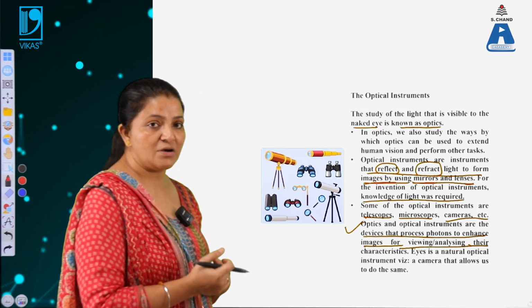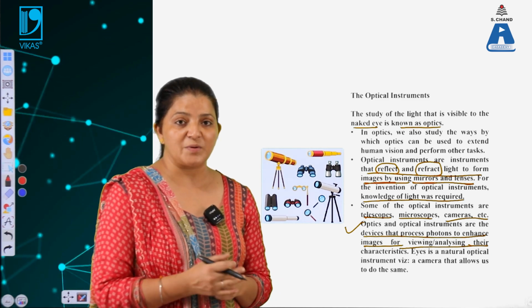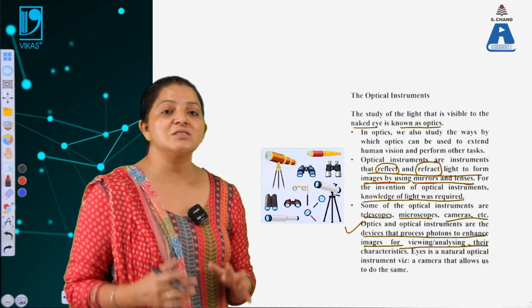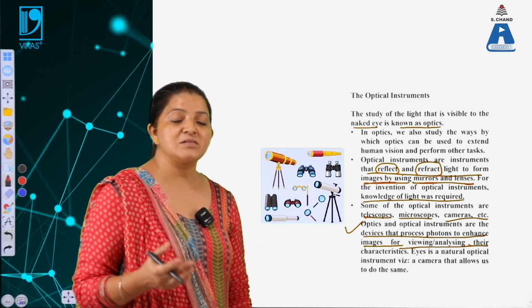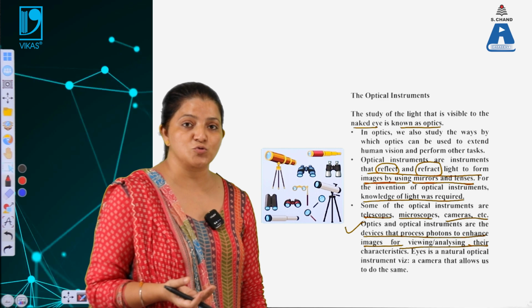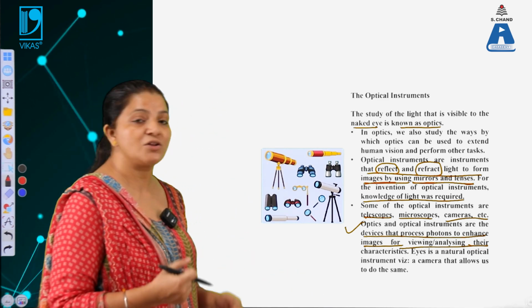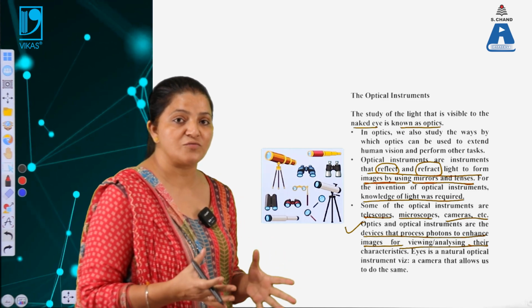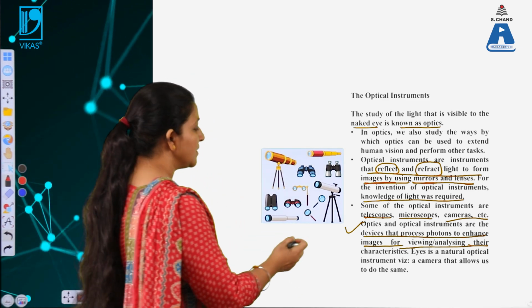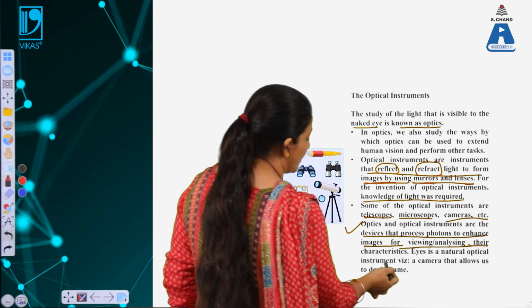We know that in curd there are bacteria present. We are not able to see that bacteria by the naked eye, but the bacteria in the curd can be seen by using the microscope. So these optical instruments work by enlarging the images of tiny objects, so that the tiny objects can be analyzed.